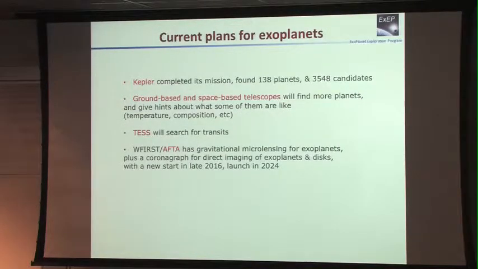So currently, what are we thinking that we can do for exoplanets? So you know about Kepler, and as of now, it basically has completed its mission. You know that it had 4 reaction wheels to guide it in space. One failed last summer, another one failed this spring, and just this last week they finished doing the tests of those 2 wheels to see if they could be brought back to life, and it looks like they will not be able to be brought back to life.